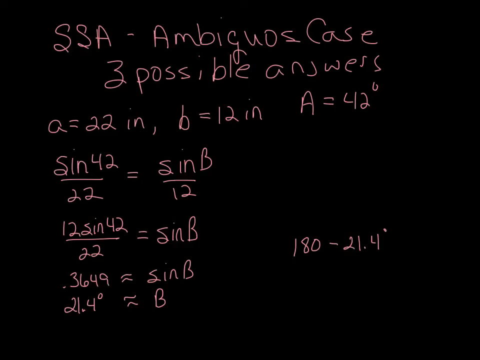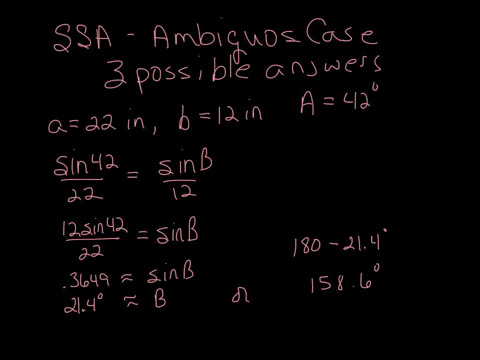Okay, and when we do that, we get 158.6 degrees. So just based on the sine, there's two possible angles for angle B: either this first quadrant acute angle, or that second quadrant obtuse angle.